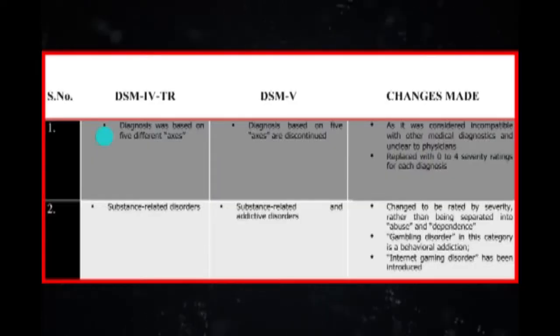Students, let's have a glance at the differences between DSM-4-TR and DSM-5. Let's have a quick look at this table which is being shown on the slide. The diagnosis in DSM-4-TR was based on five axes, whereas the axes were discarded in DSM-5. Substance-related disorders were discussed in DSM-4-TR, while substance-related and addictive disorders are discussed in DSM-5.